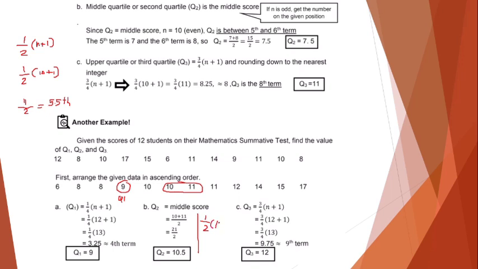So 13 divided by 2, your median is in the 6.5 term. So 4, 5, 6. So that is between.